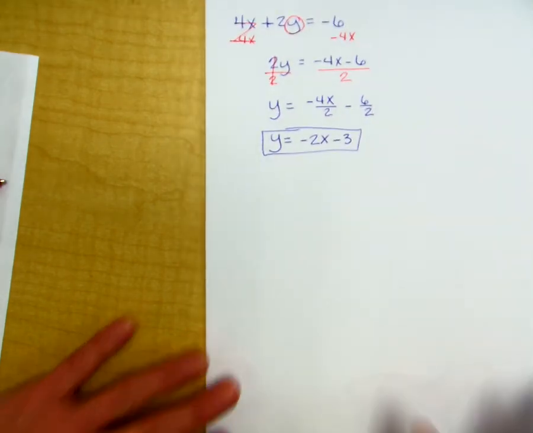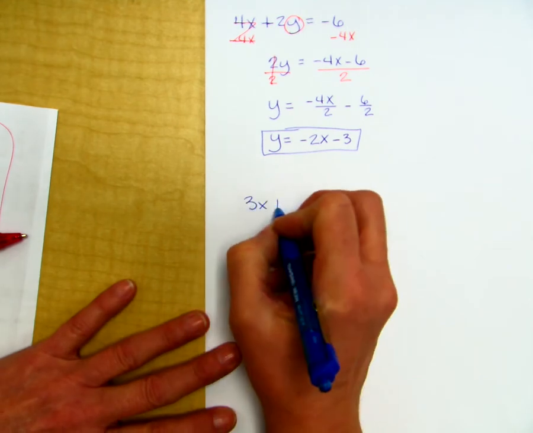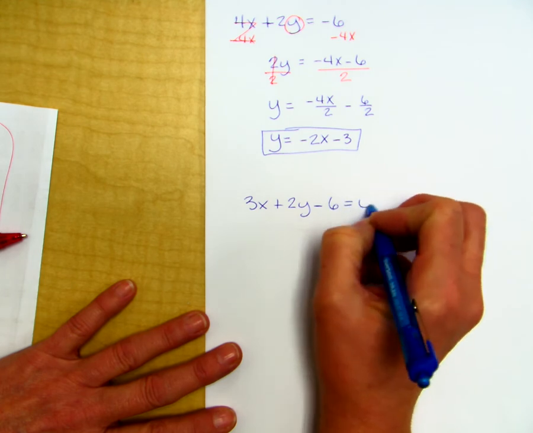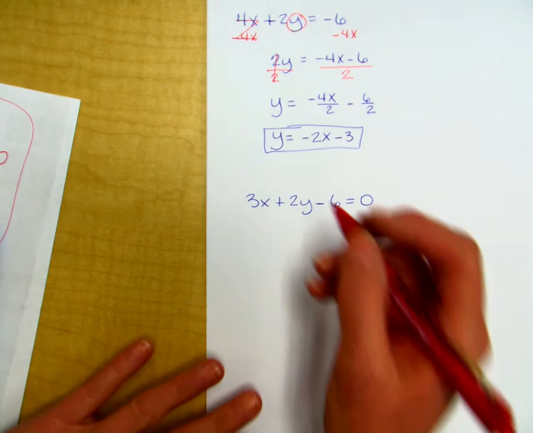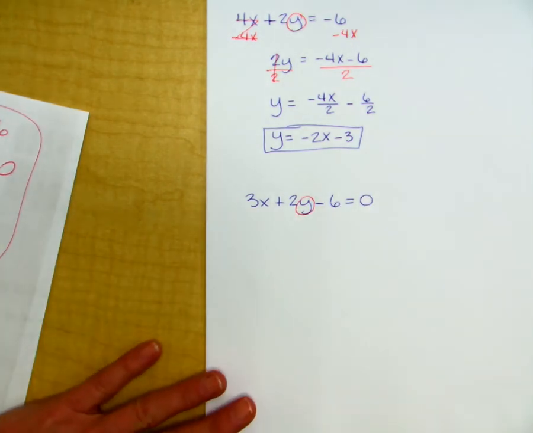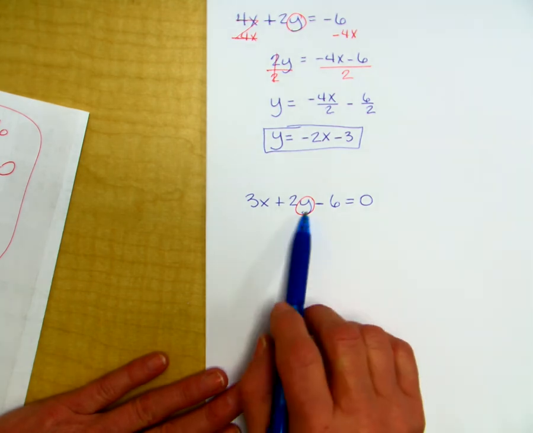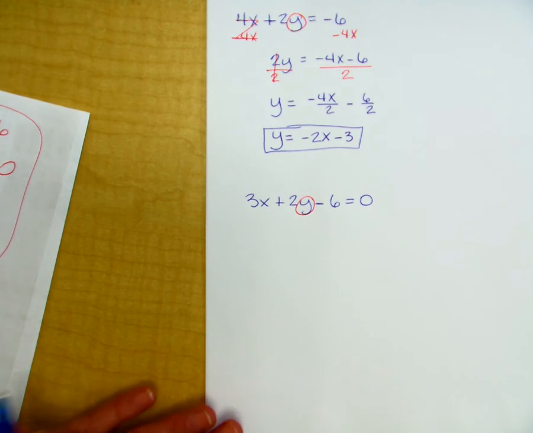In the second example, we have 3x plus 2y minus 6 equals 0. So in this case, again, we are looking to isolate this y. There are no fractions. Both sides have been simplified. The variable y is only on the left-hand side, so we can go straight to what can we do to get rid of all these other terms that are by this y.